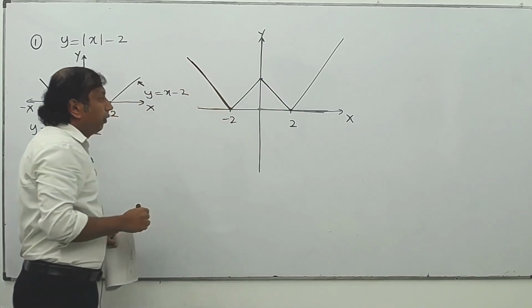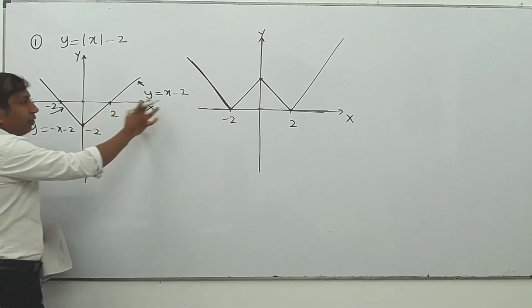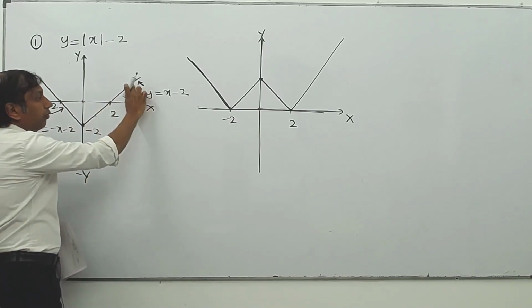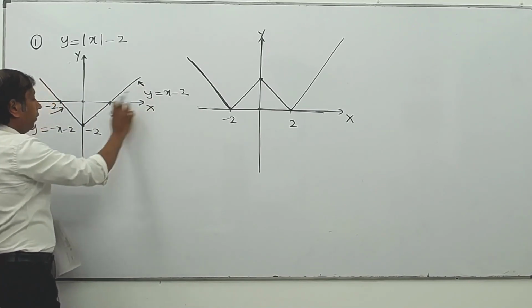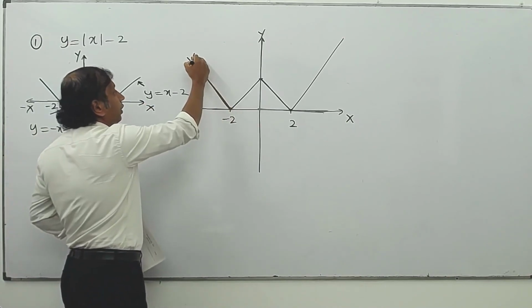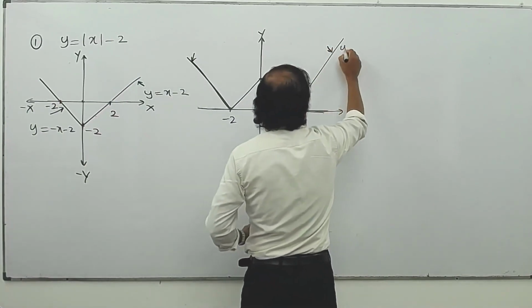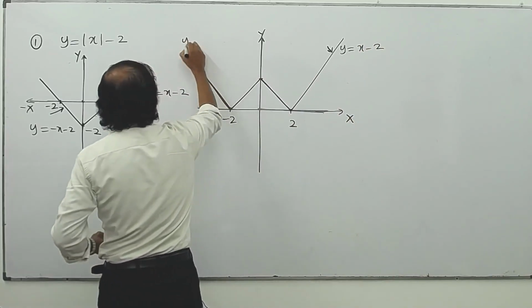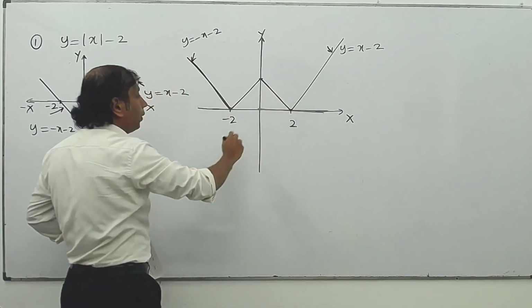When you take the mirror image, its equation can be obtained by multiplying the right hand side by a minus sign. This equation and this equation won't change because they are the same branches, no? Y equals x minus 2, this is y equals minus x minus 2.